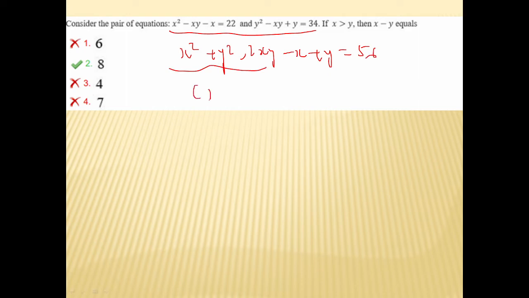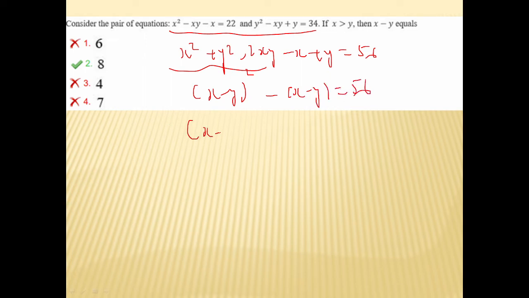This question was super easy. You need to just spot what to be done. These two equations, add both. X square plus y square minus 2xy minus x plus y equals 56. This is nothing but x minus y whole square. Take minus common. Here it will be x minus y equals 56.